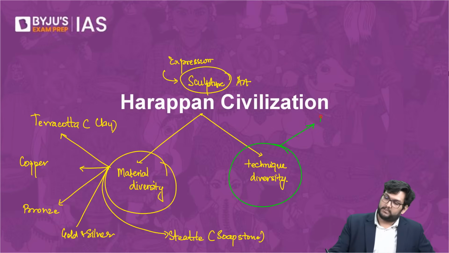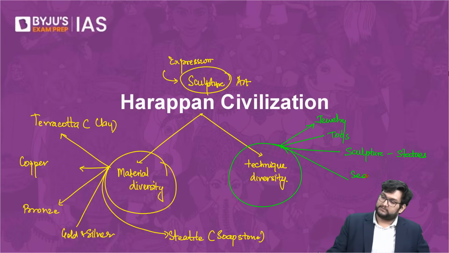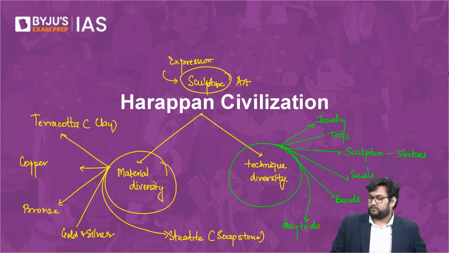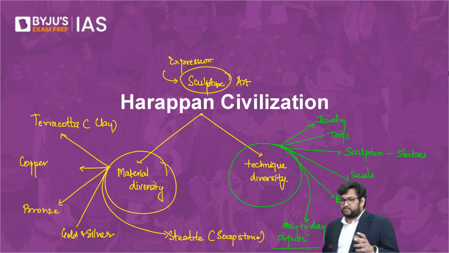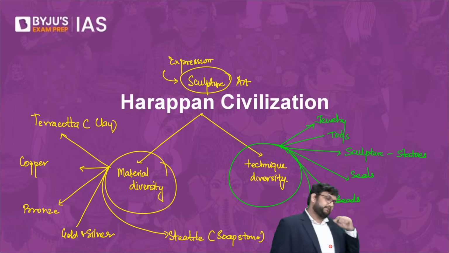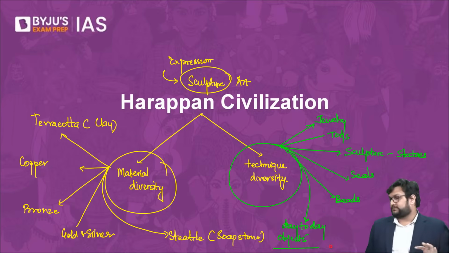Basically soapstone. Thereafter, when we talk about technique diversity, first would be jewelry, toys, sculpture in the form of statues. We also have seals, we have beads, and we also have day-to-day objects. So when they ask you a question with regards to Indus Valley civilization, they will mostly revolve around this.